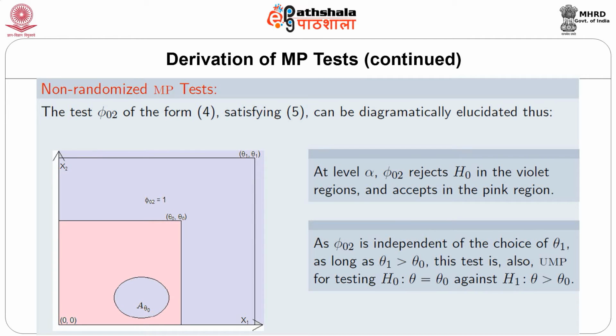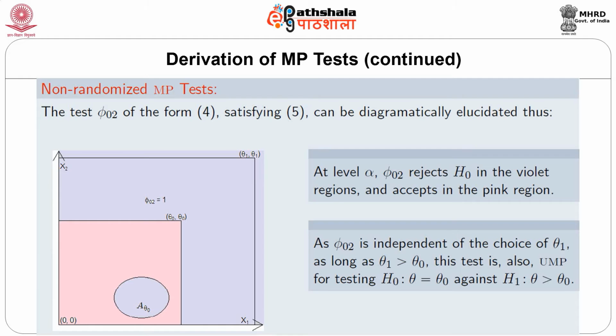And as phi naught 2 is independent of the choice of theta 1, whatever theta 1 greater than theta naught, this is uniformly most powerful at level alpha for testing H naught, theta equal to theta naught, against theta greater than theta naught. So, A theta naught can be any subset of this pink region such that the test is of size alpha, and that is a uniformly most powerful test.